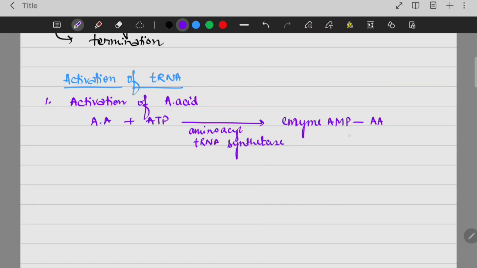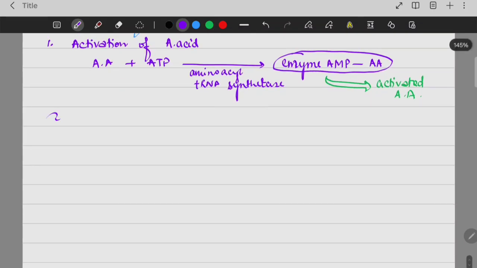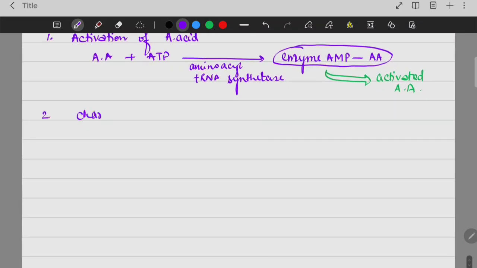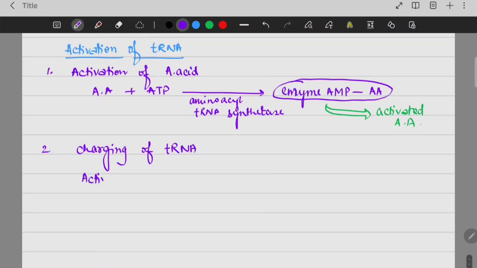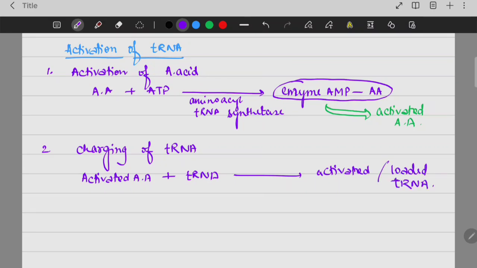This one is the activated amino acid. The second step is the charging of tRNA. Here this activated amino acid along with tRNA forms the activated or loaded tRNA.